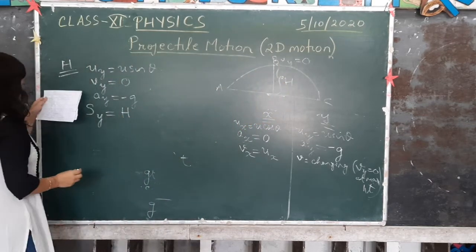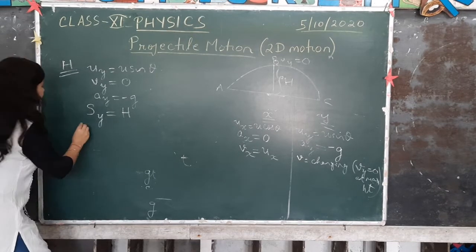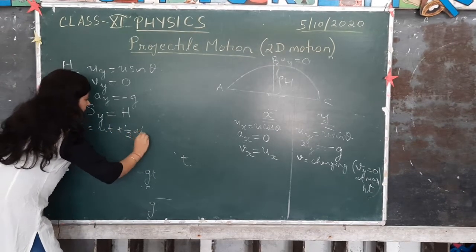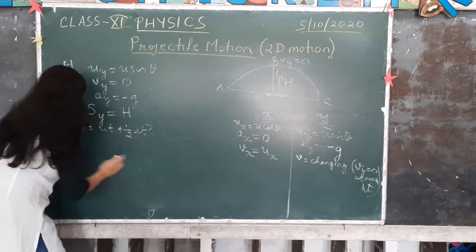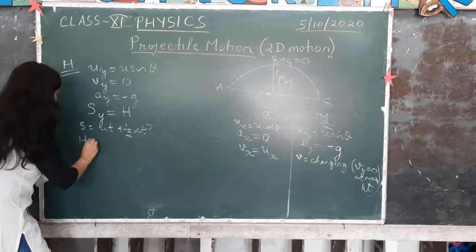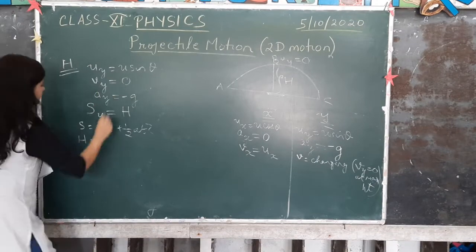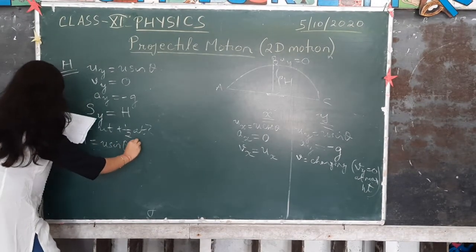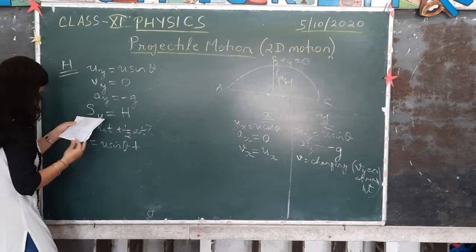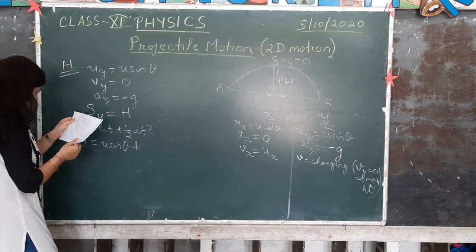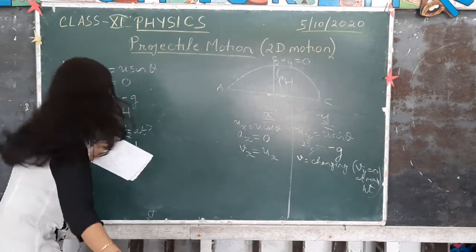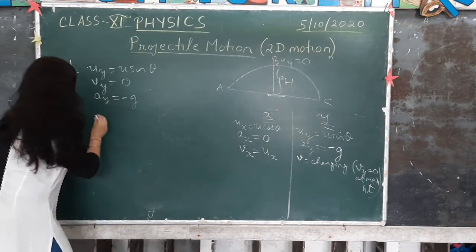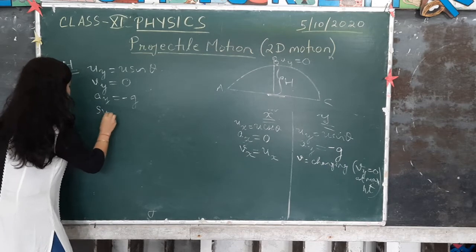Now applying the equation s is equal to ut plus half at square, s is h, u is u sine theta, plus... we may avoid this big confusion here. We will just go for a shorter equation. Sy is equal to h.